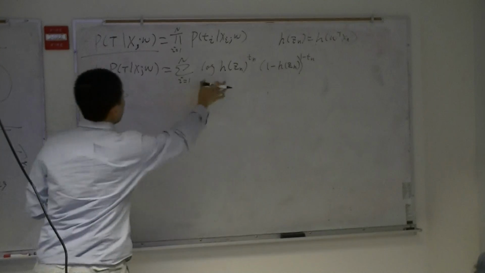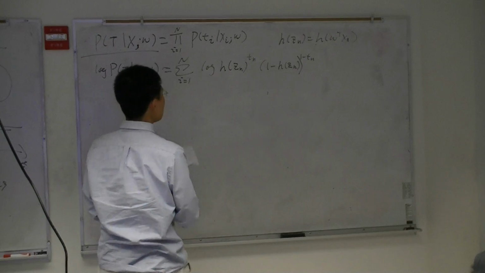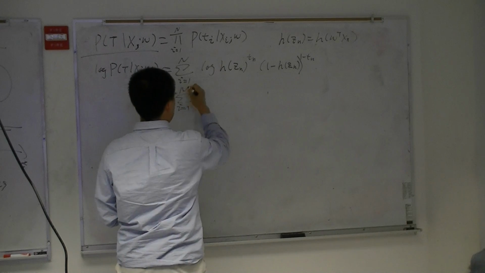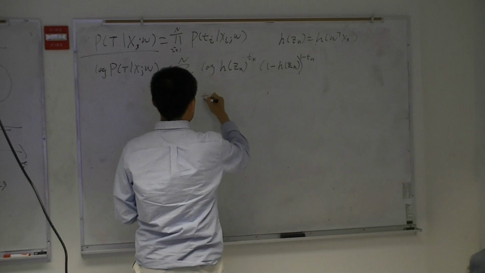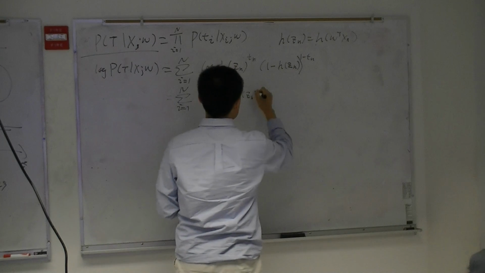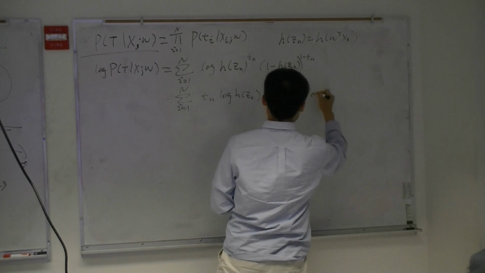So this is a mechanical function, and we can get Tn times Cn plus 1 minus Tn.